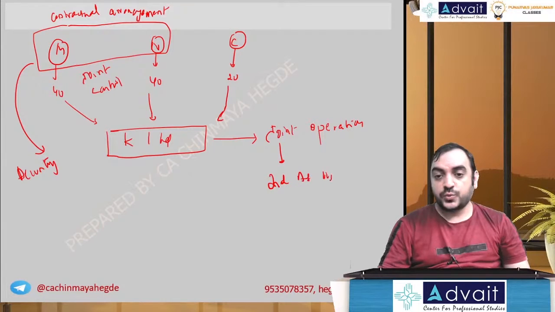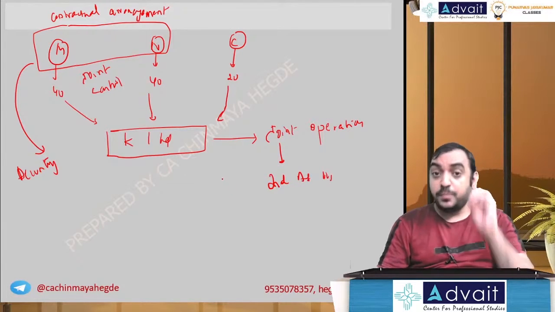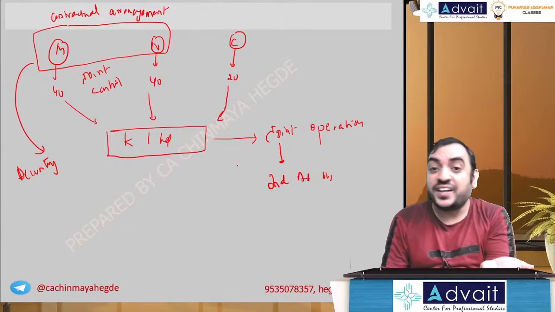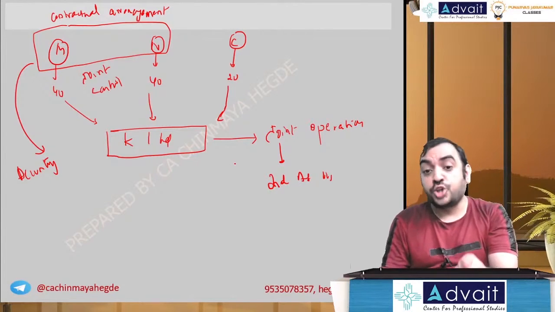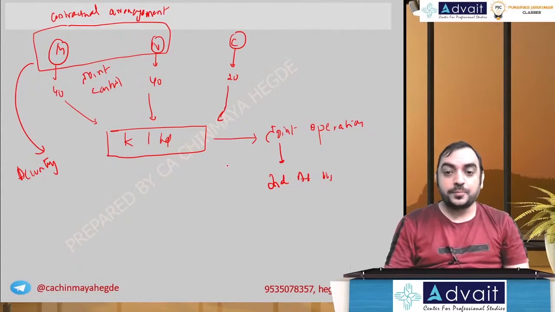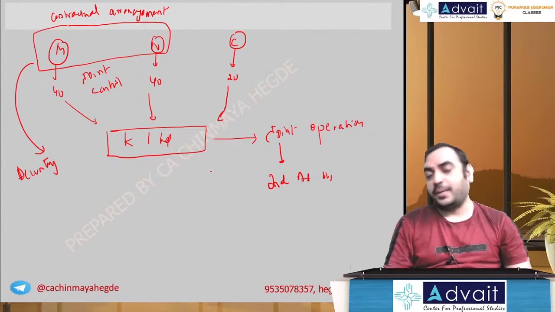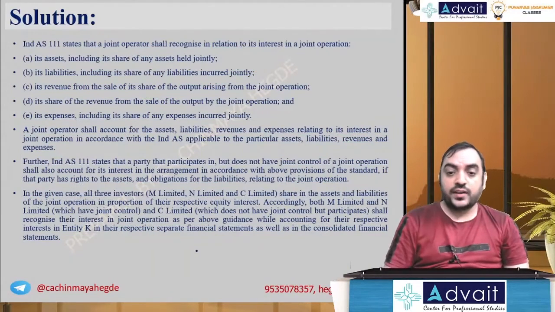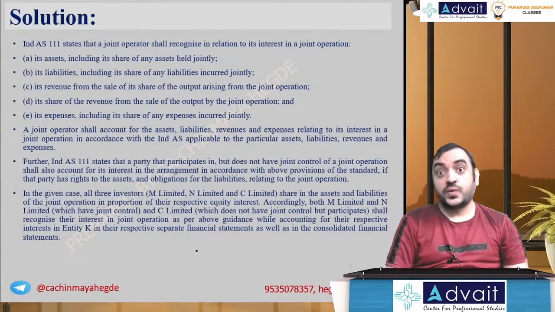So what does Ind AS 111 tell you? Everybody who is a party to a joint operation, you may not have joint control, but you are a party to the joint operation, you will account for it. So all the three will account the same. Okay, let's see what the solution says. Then I'll read what Ind AS 111 and Ind AS 28 say also.